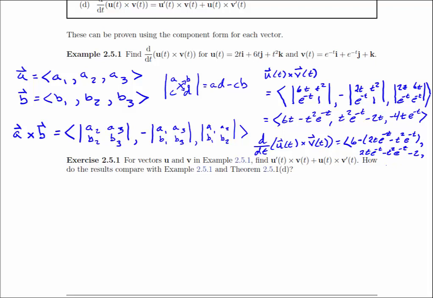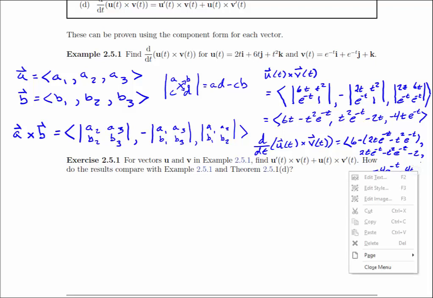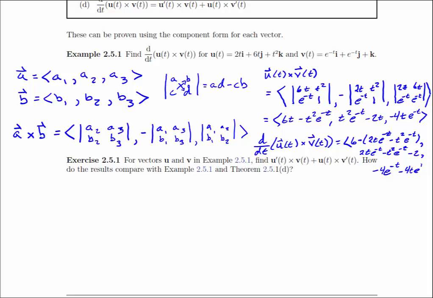So this is going to give us the derivative of the first, negative 4, times the second, plus the first times the derivative of the second. Like so. And we can go ahead and simplify that.